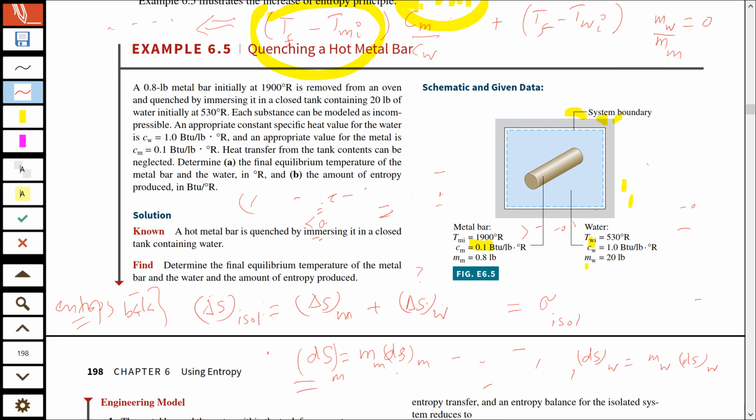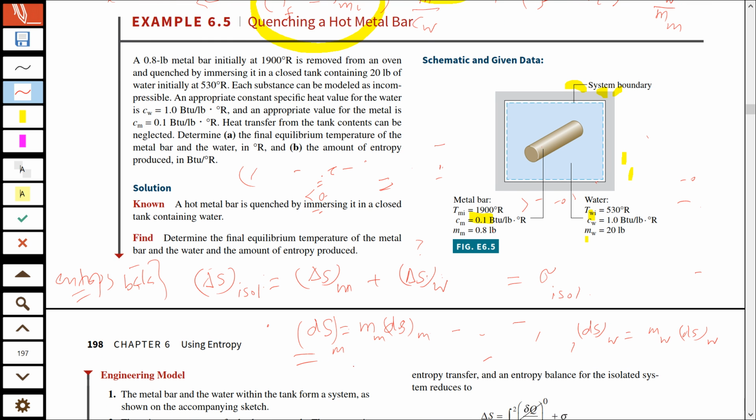So now I need to write something for dS metal. Now that requires me to appeal to incompressibility again. But before we appeal to incompressibility, just try to recall those two equations.